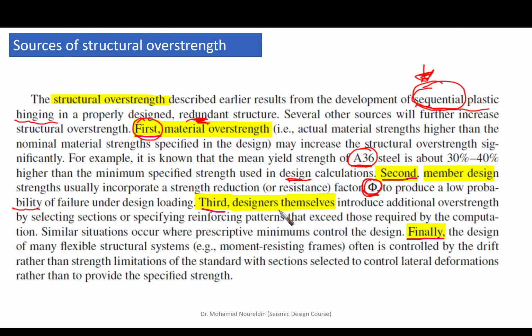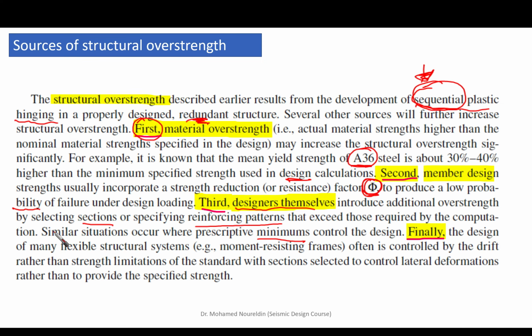The third is the designers themselves. You are providing a kind of overstrength for the structure by yourself. You are introducing additional overstrengths by selecting sections or specifying reinforcing patterns that exceed those required by the computation. Similar situations occur where prescriptive minimums control the design. That's right. Whenever the required steel area is 10 centimeters squared, for example, you are going to put 12 centimeters squared.